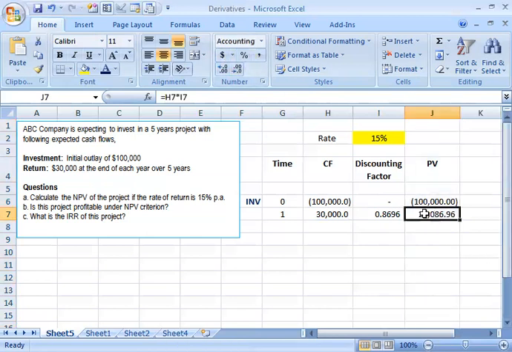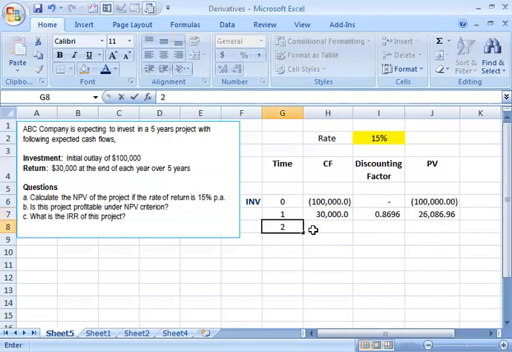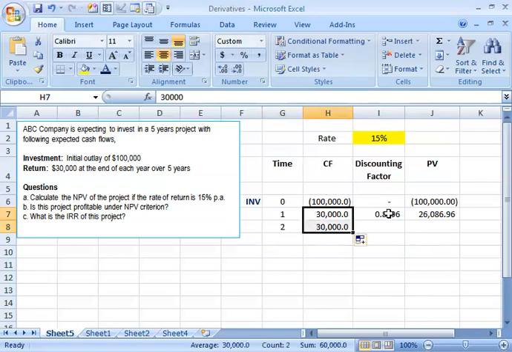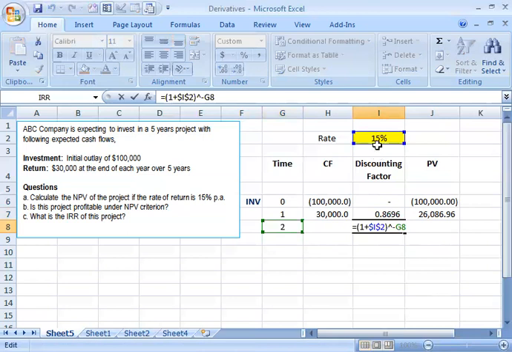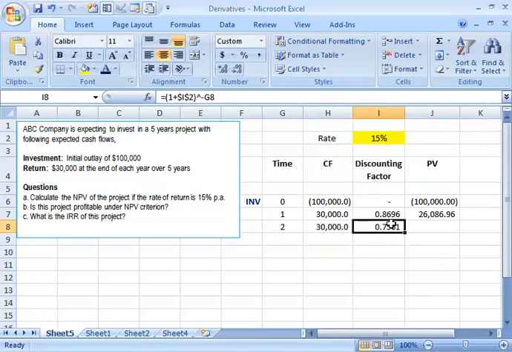So even though we are expecting 30,000 at the end of the first year, the present value is only $26,086.96. Similarly for the second year, the expected return is the same. If we drag this formula further, you can see this value is fixed and this is getting changed. So this is the discounting factor for the second year.